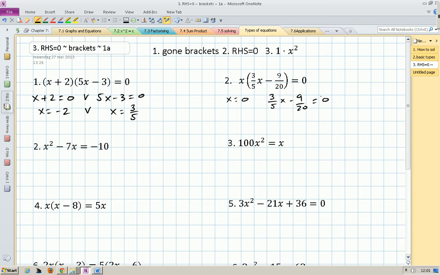That will give me 3/5 x is equal to 9/20. And now I want to get rid of this 3/5. To get rid of 3/5, you can of course divide by 3/5, and then on the right side you get 9/20 divided by 3/5. But a cleaner way to do this, because we'll get the same result, is to say, well, I'm dividing this x, I'm dividing it by 5.